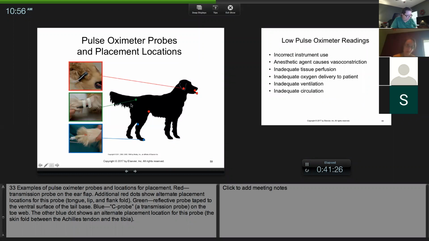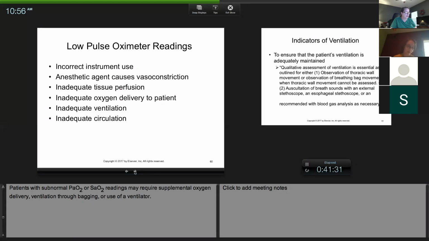So be familiar with locations, and then be familiar with how to troubleshoot, because it could be that it says 87 and it's sliding off the tongue, or it's been sitting in one spot for 10 minutes, or the tongue is super dry, or the probe is dirty. You can clean it and replace it. The key here is, if you get a crappy reading, I move it 2 to 3 times.